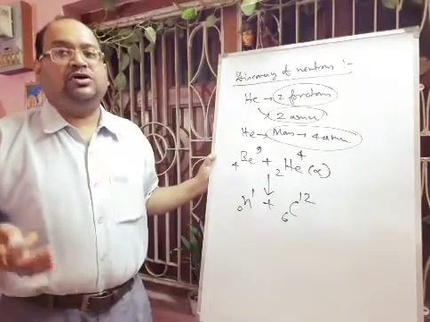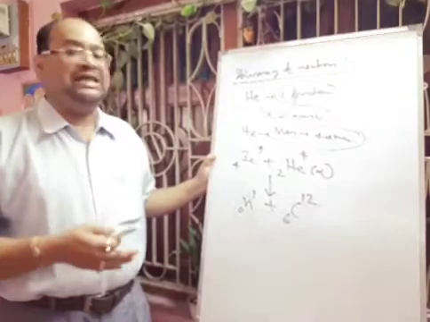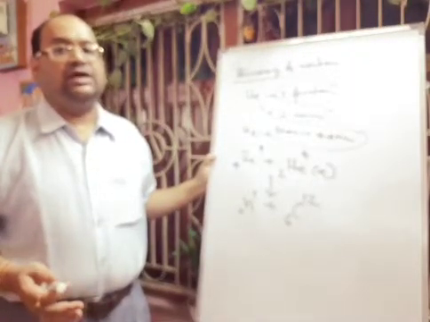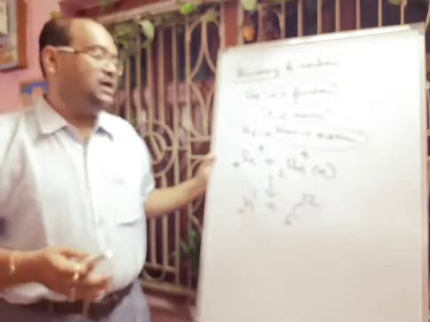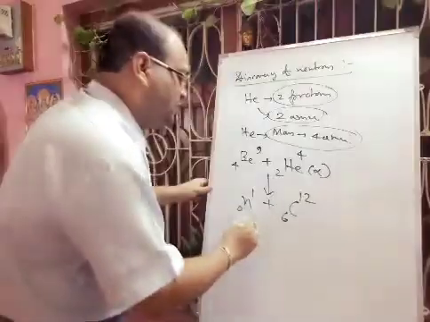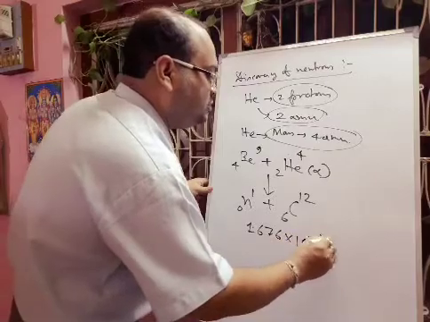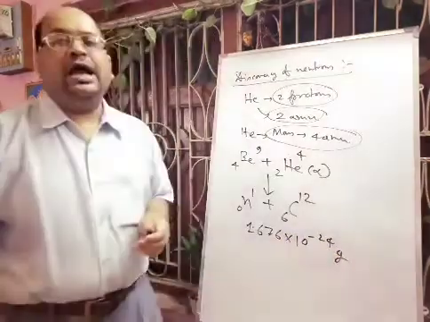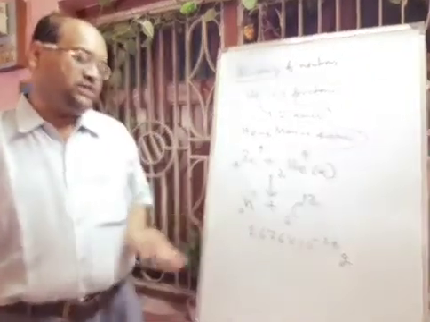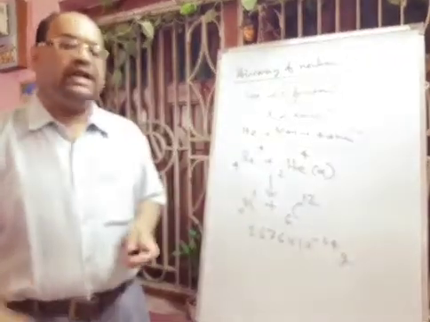So it proves that this particle is electrically neutral. Its mass is just a little higher than the mass of a proton, that is 1.676 into 10 to the power minus 24 gram, and it has no charge, so it is neutral, and it is generally denoted by 0n1. Hope you can understand.